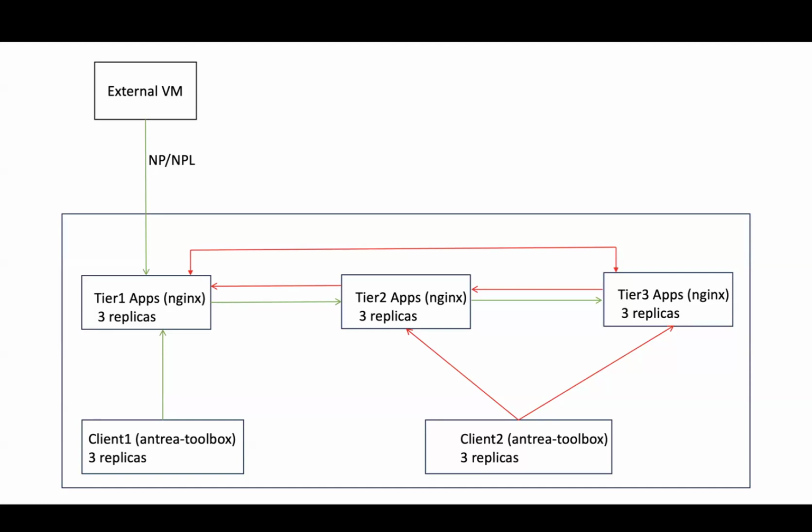For external traffic, we had an external VM. On that, we ran a script and hit the NodePort endpoint of the tier 1 apps via some Kubernetes worker nodes. Not only one, we used multiple nodes to reach the NodePort endpoints of the tier 1 apps. And similarly, we did it for NodePortLocal also.